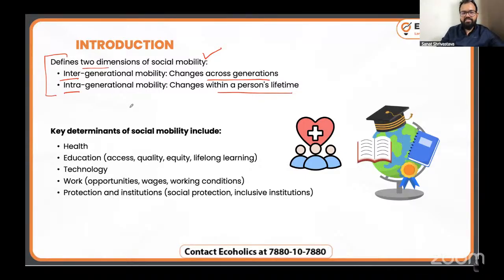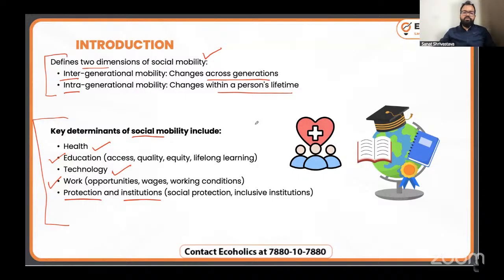The key determinants of social mobility include these: health, so people should be healthy; access to education, which means access, quality, equity, and lifelong learning; they should not be left behind from technology; work, meaning opportunity, wages, and working conditions; and protection and institutions. All these five points are the key determinants of social mobility.